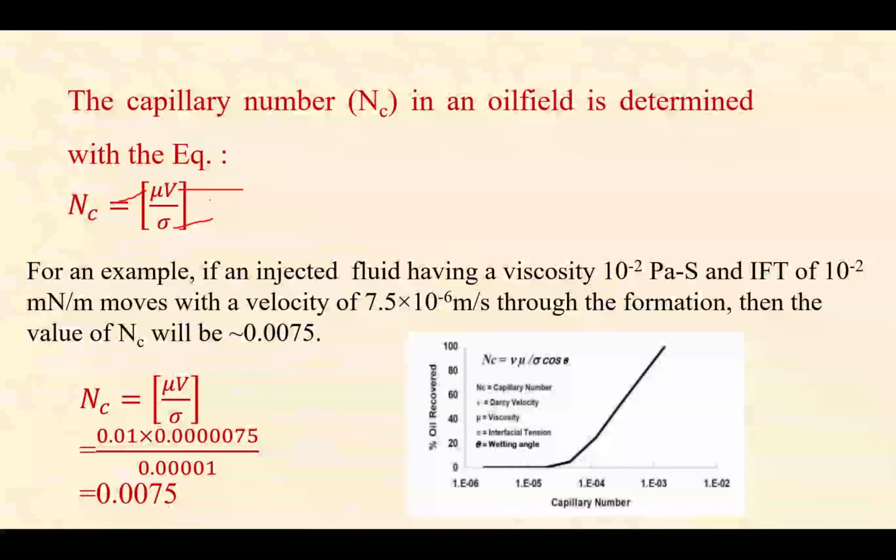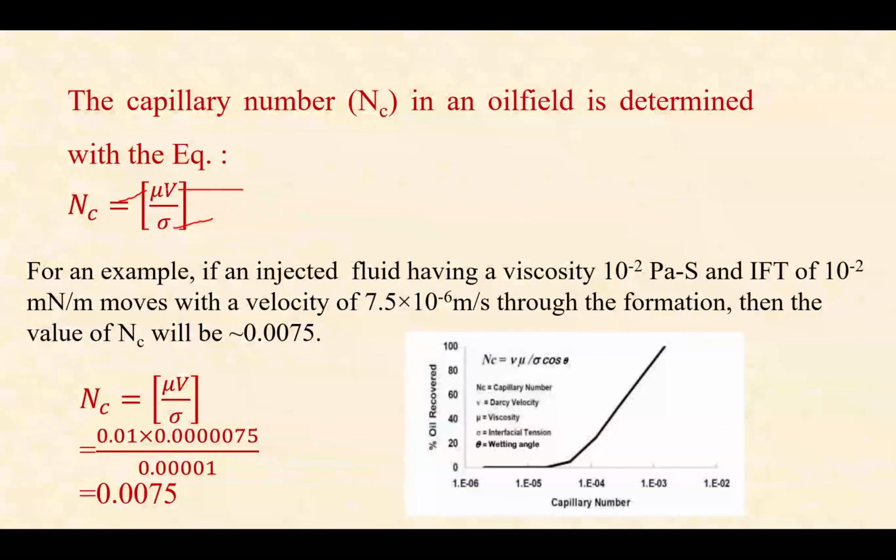Now, we know that our main objective for chemical enhanced oil recovery is to increase the capillary number. So how can you increase the capillary number? From this equation, you can see that we can increase mu, the viscosity of the injected fluid. So how can it be done? You can increase the viscosity of the injected fluid by adding polymer.